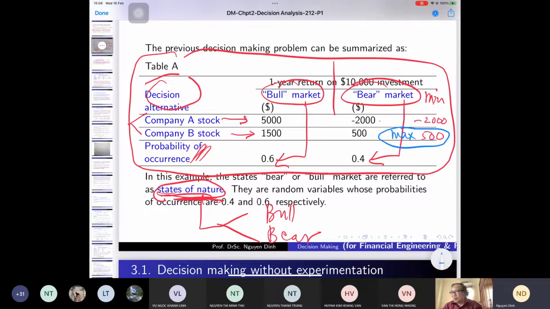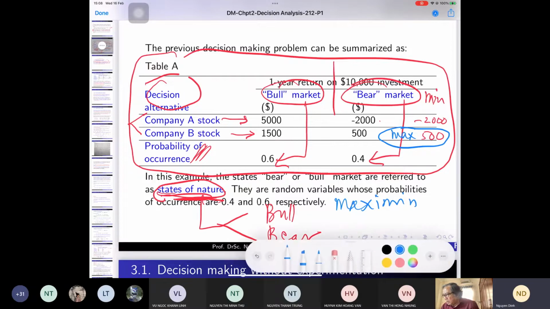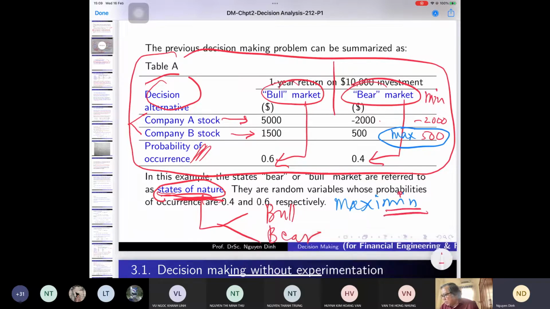So max min, but people write maximin to be easy to read. Maximin. That means you choose the min first, and then you choose the max of the min. The min means the worst case.